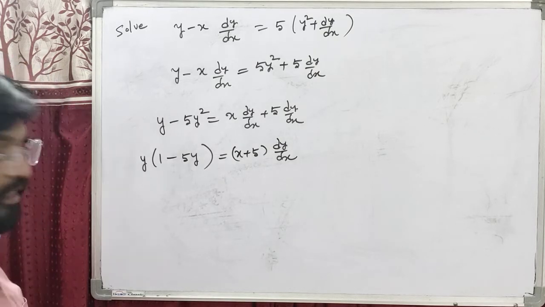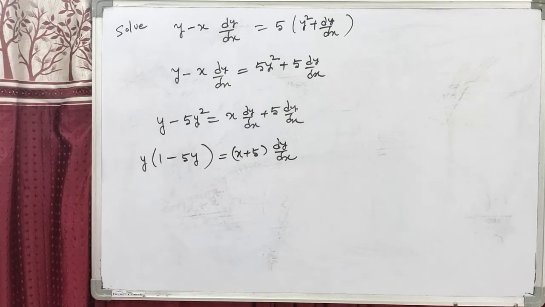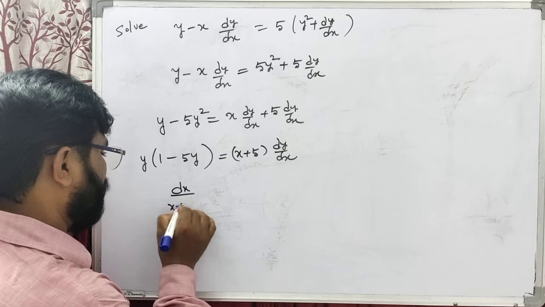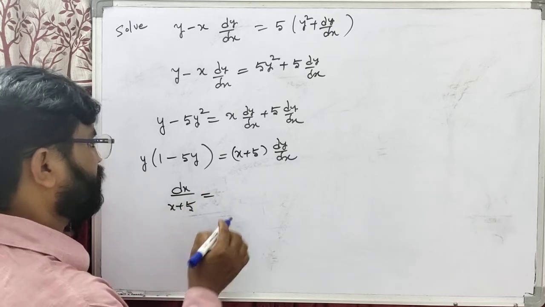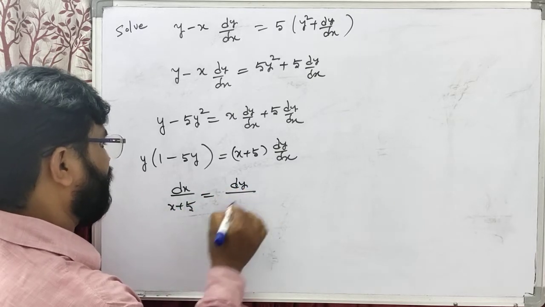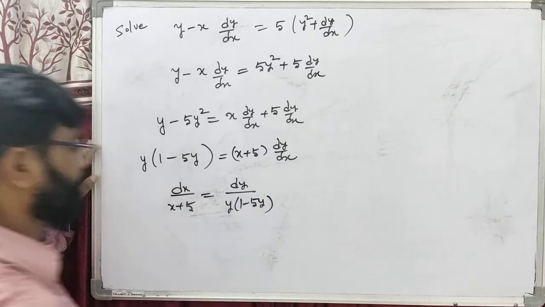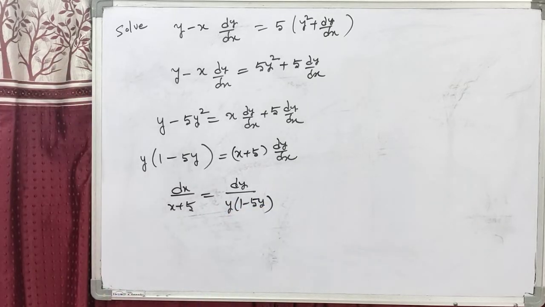So how to complete this, students? Here we can apply variable separable. So undoubtedly dx is sent to the other side. Dear students, we get dx by x plus 5 and also dy by y into 1 minus 5y. Okay students, how do we get this one?